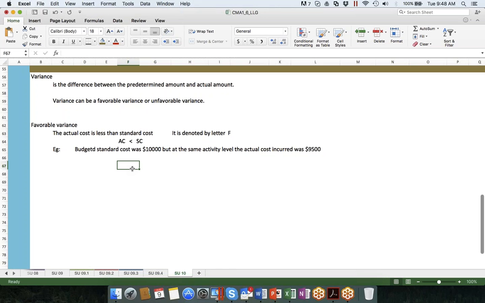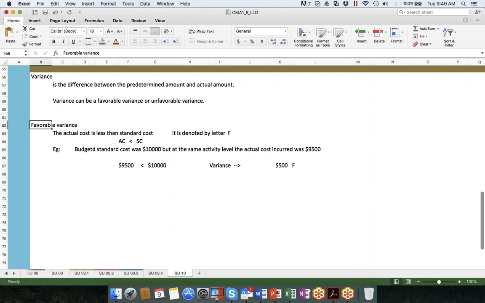So the standard cost is $10,000, the actual cost is $9,500, and the variance is $500 favorable.